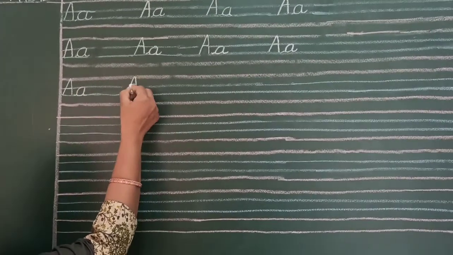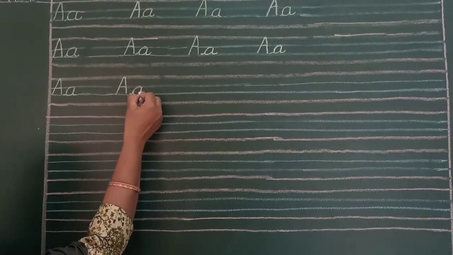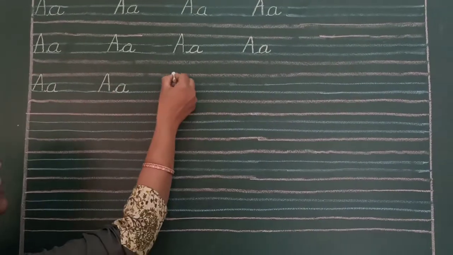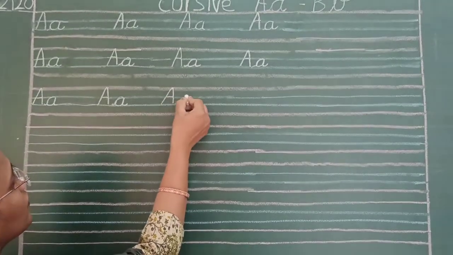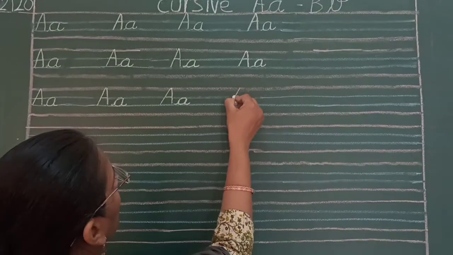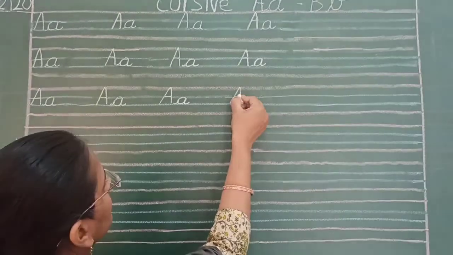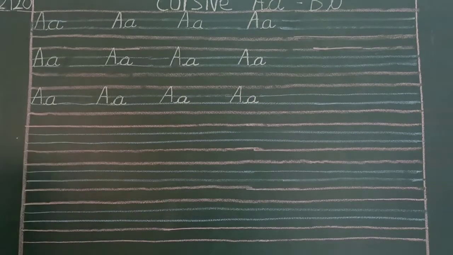Same, at least 4 times in a line and 5 lines like this you have to write for A. Then we will write the next alphabet. So please do the practice of this at home.